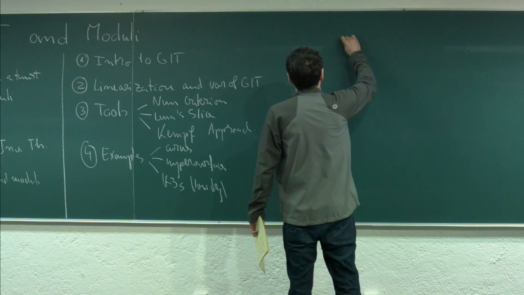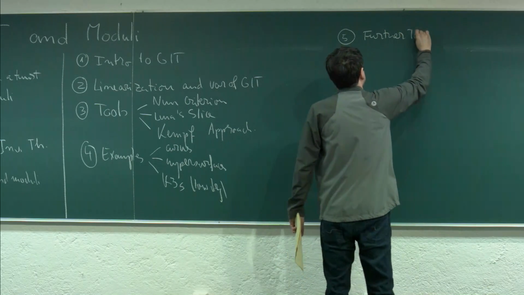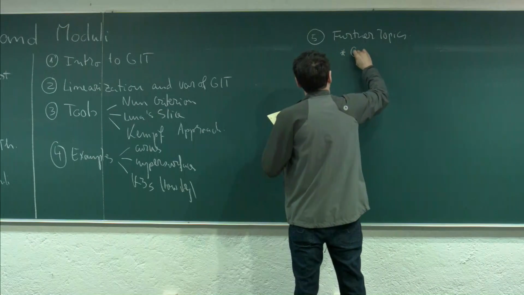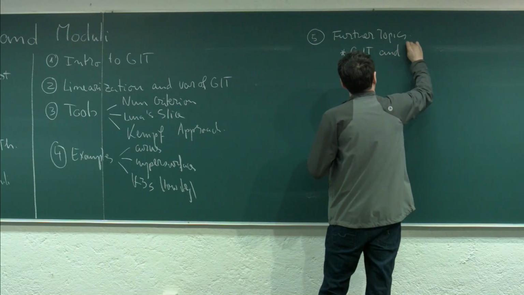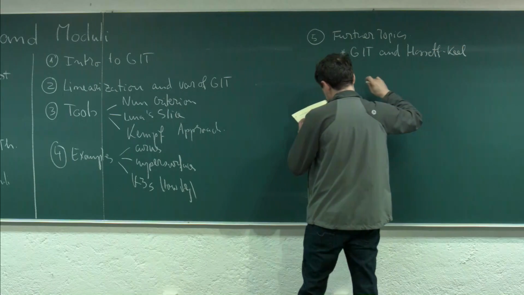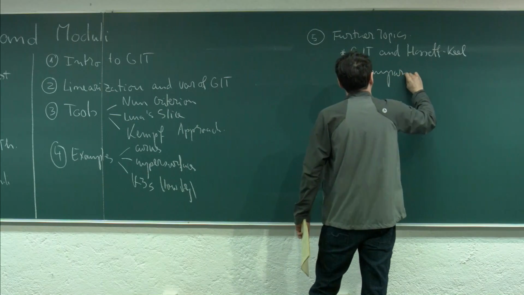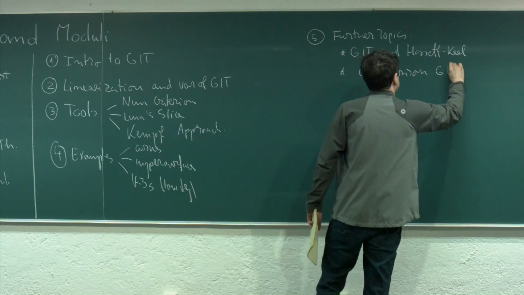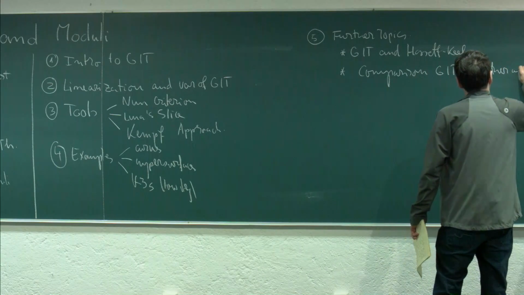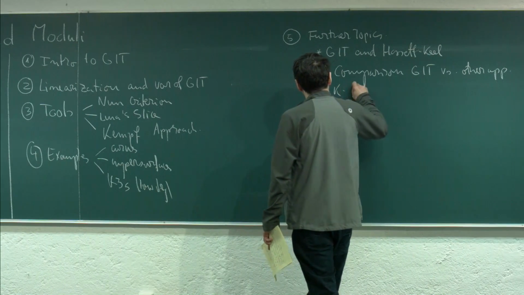And the fifth lecture is further topics. Among that, maybe I'll discuss GIT and Hassett-Keel, and then maybe a comparison, GIT versus other approaches. And finally, maybe about K-stability.